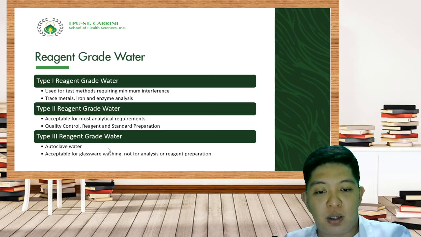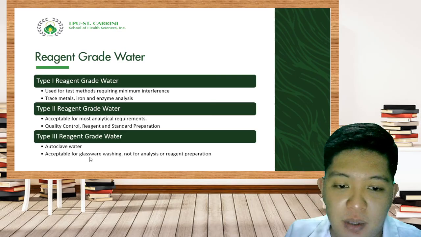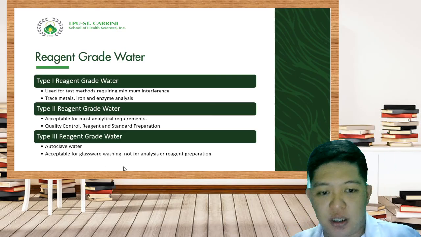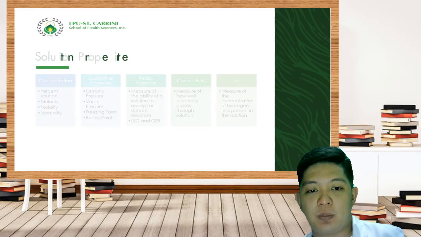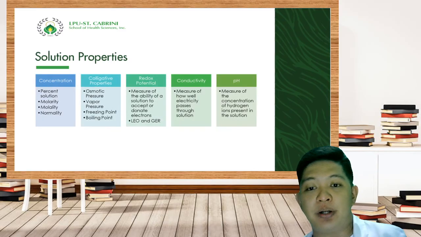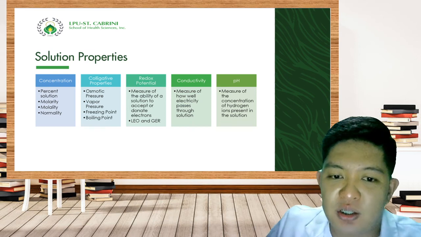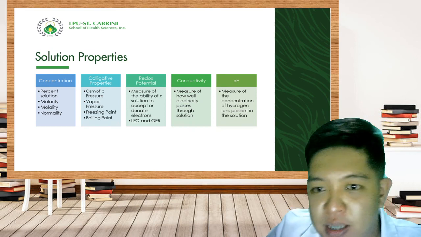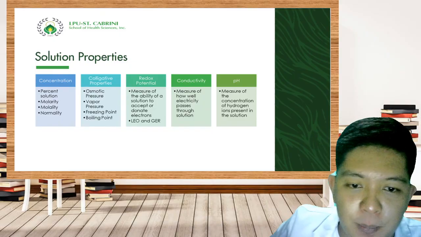Type 3 reagent water naman is for autoclave water, which is also acceptable for glassware washing, not for analysis nor reagent preparation. Okay? So solution properties are also important in clinical chemistry. Concentration, such as the percent concentration: volume per volume, weight per volume, weight per weight.